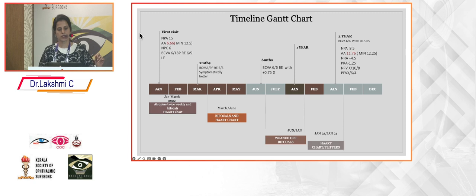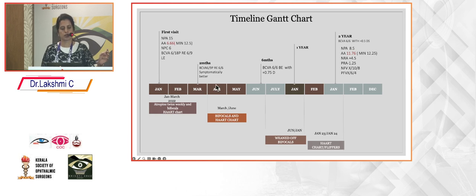At the first visit, she had a very low accommodative amplitude and poor vision. And she had a very poor NPA, near point of accommodation. So she was having an accommodative spasm, and she was not able to relax or stimulate or do anything with the accommodation. So she was started with atropine and bifocals and Hart chart.